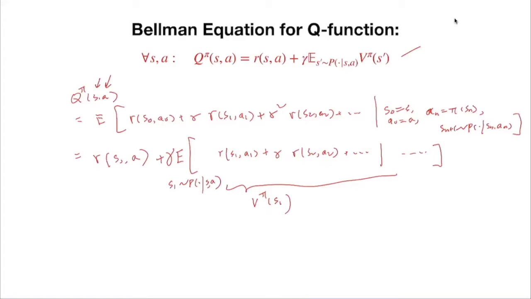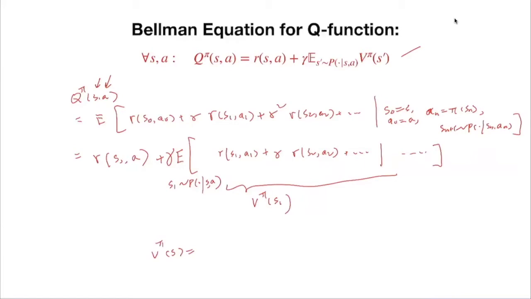Yeah, you can. You can use the Bellman equation on the value function. V pi S you can write as R of S, pi S plus an expectation.